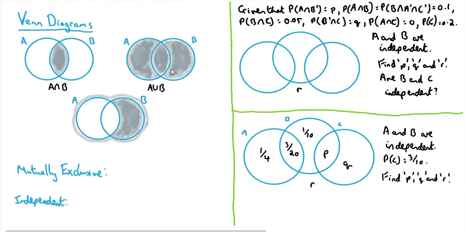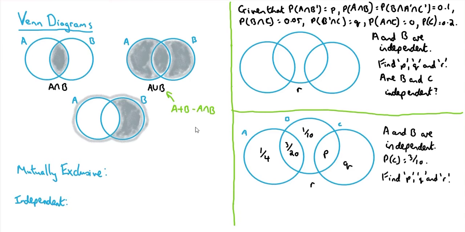There is actually another way of thinking about this, and you could say that this is the same as A add B minus the intersection. So if you took the entirety of circle A here and added all that up, and then took the entirety of circle B and added all of that up, to do that you would have counted the intersection twice, and you don't want to double or triple, depending on how many circles you have, count a certain thing, so that's why you always just take away the intersection again afterwards, just to make sure you only have one lot of whatever this is.